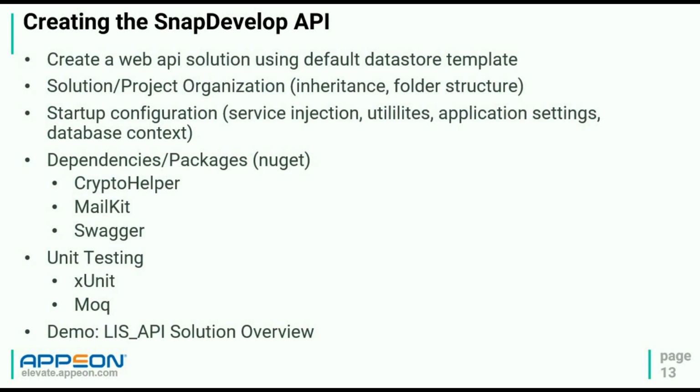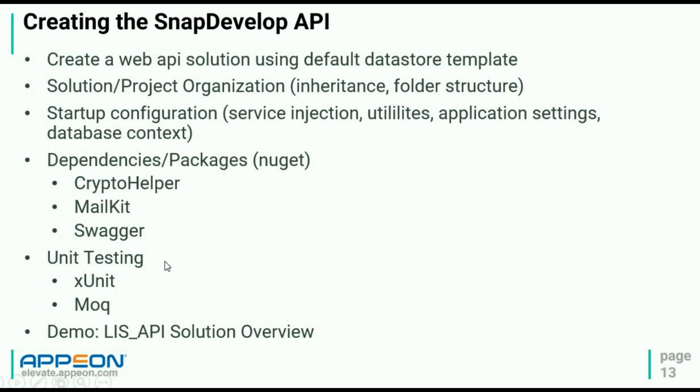Just a quick example, I'm using the Crypto Helper package, MailKit, Swagger, for unit testing the XUnit framework, as well as something called Moq, which allows you to do mock-ups of unit tests without using a database. That's a work in progress for us right now, but it is something that we've added.